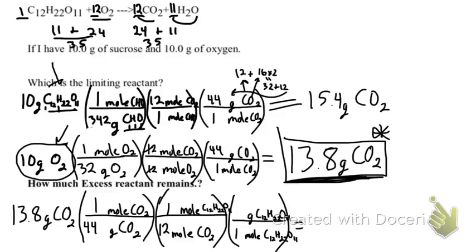And for every 1 mole of that, we calculated sucrose to weigh 342 grams. So now the problem becomes 13 times 342 divided by 44 divided by 12. Alright, and when we do those calculations, we come up with an answer of 8.94 grams.